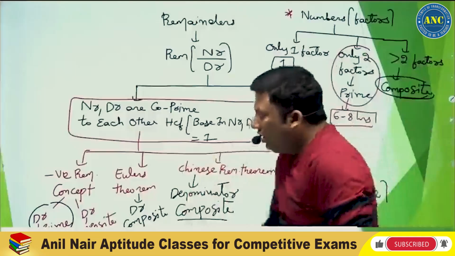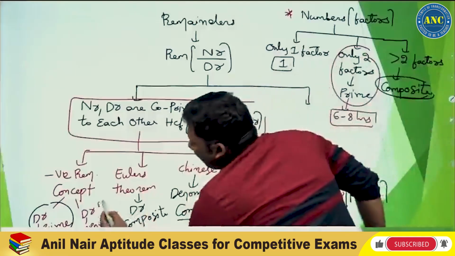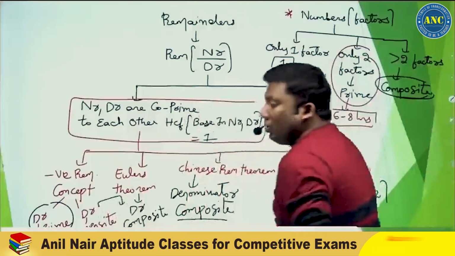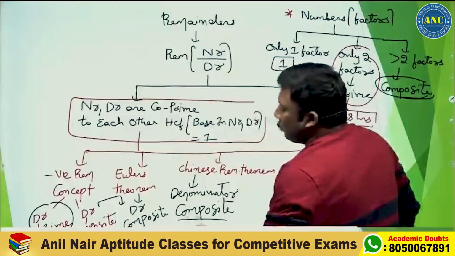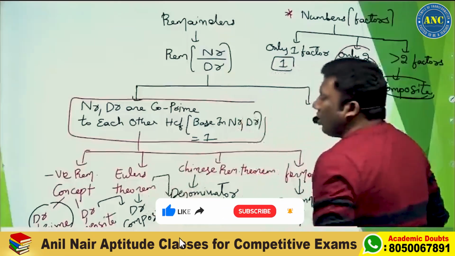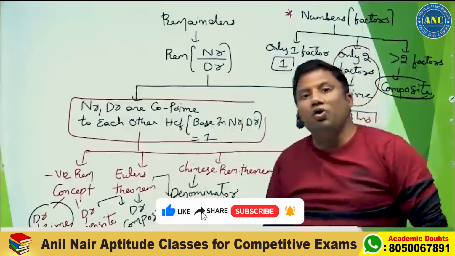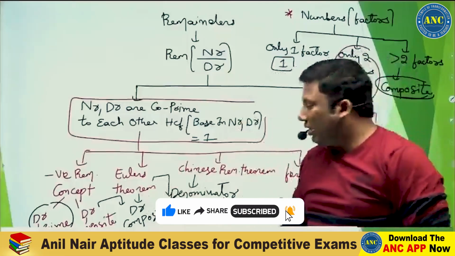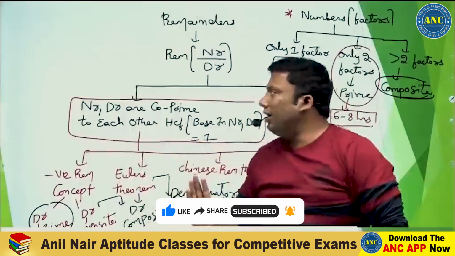Step number 2: if you are unable to find the answer by the negative remainder concept, when the denominator is composite, go to Euler's theorem. If that is also not giving you the answer, then go to the Chinese remainder theorem.